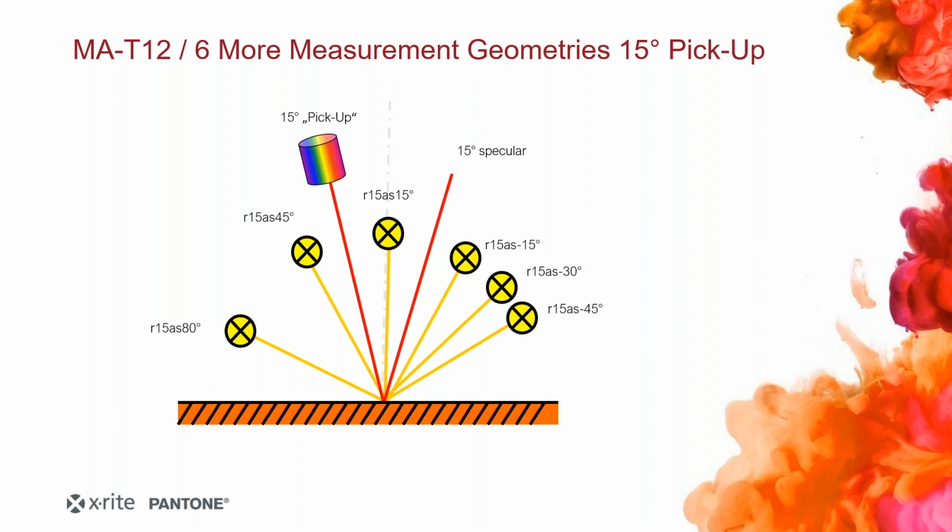And what is unique here is that we also have the ability to have texture values available for those angles behind the gloss, so the R15, AS-15, AS-30, and AS-45. It's the only instrument that covers texture measurement for these values on the market.